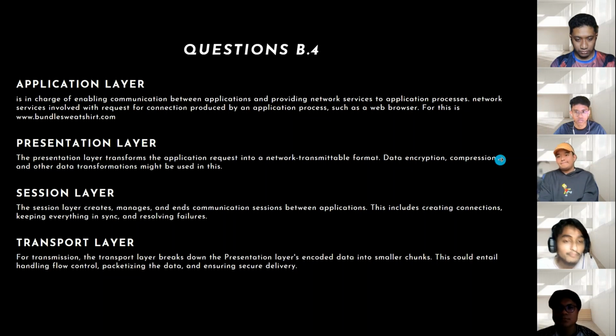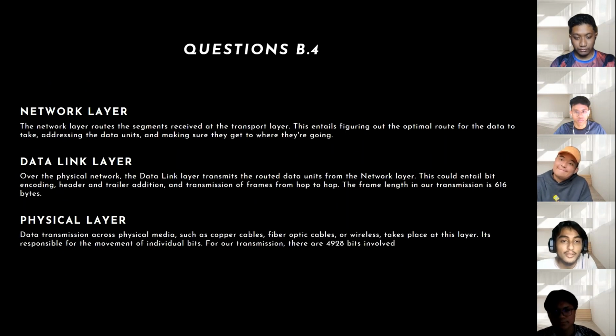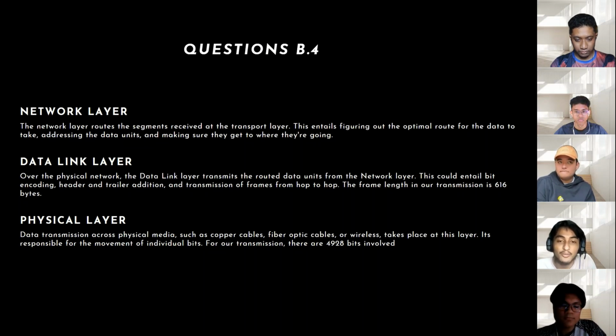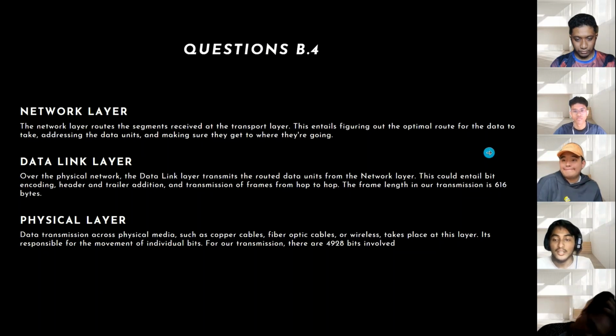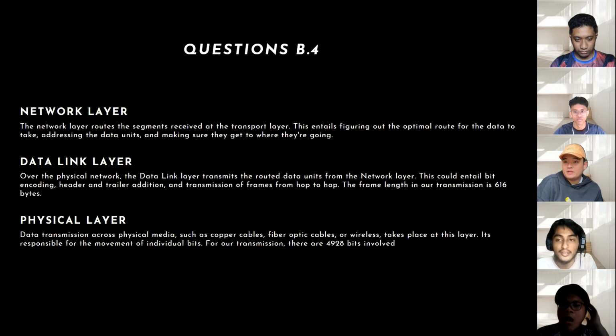And next one. Next, for the network layer, which entails the optimal route for the data to take and address each of the data units to know which route they need to go. Next, for the data link layer, they are used to transmit the routed data units from the network layer and it also includes the header and the trailer addition to the data.